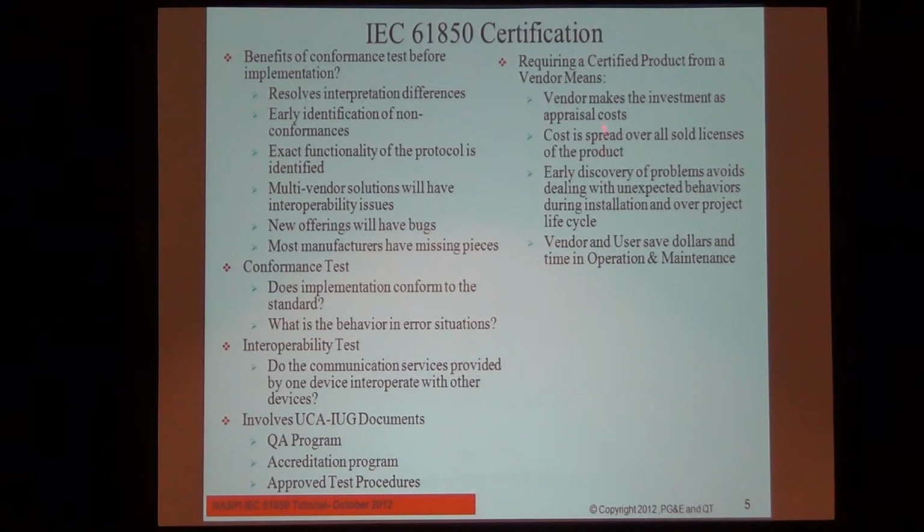There are lots of benefits you get from using a product that is certified. It basically forces the work to be done up front before problems propagate a lot in the field and you have to go back and redo.